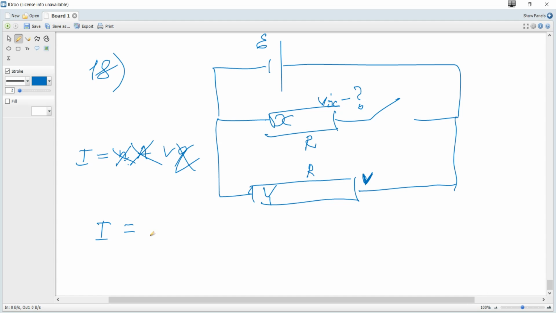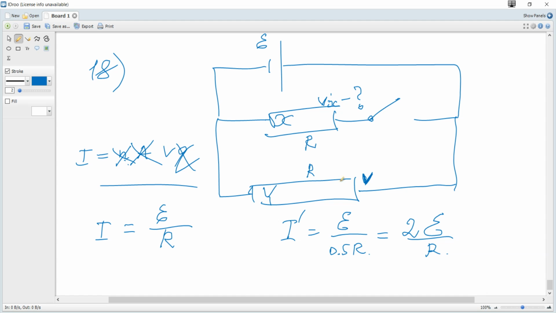So initially the current is EMF divided by the total resistance, which is just R. But then the current, let it be I prime, becomes EMF divided by the resultant resistance when the switch is closed, which is 0.5 R, because in parallel, 1 over R total is 1 over R plus 1 over R. If there are equal resistances in parallel, to find the resultant resistance you just divide the resistance of one by the number of resistors, and it becomes 2 EMF over R. So you can see that current increases by 2, hence V.